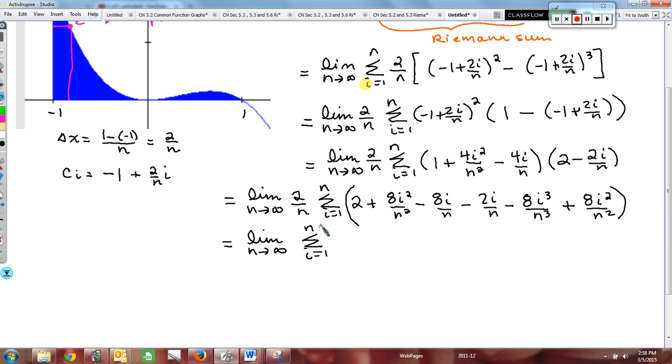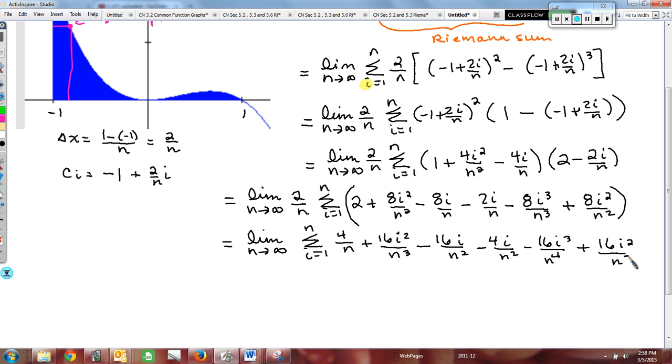So I'm going to rewrite it one more time, and this is more because this is heavy algebra. i equals 1 to n. If I multiply that through, I would have 4 over n plus 16i squared over n cubed minus 16i over n squared minus 4i over n squared minus 16i cubed over n to the 4th plus 16i squared over n cubed.